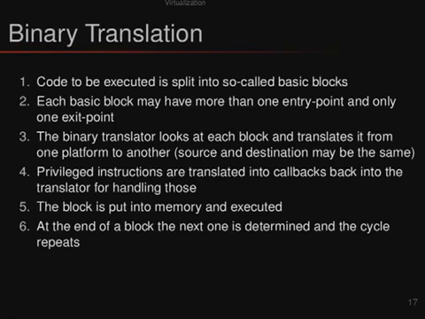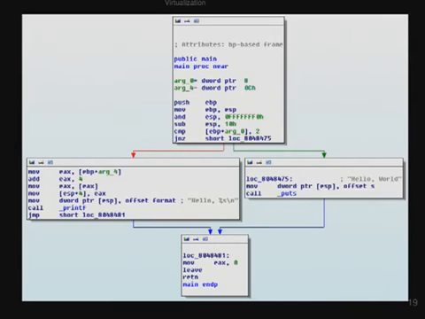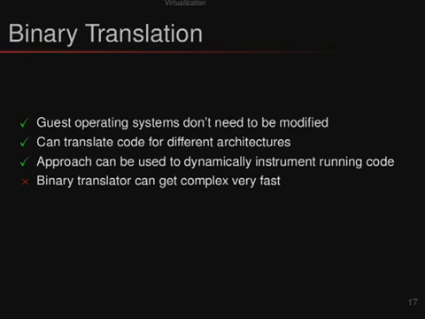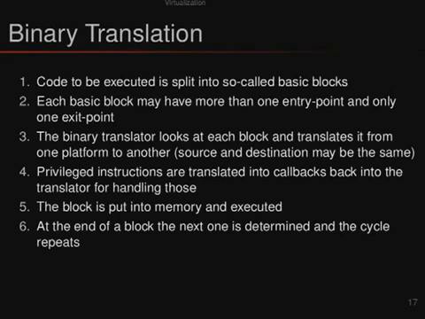The block, after it's being translated, is put into memory, and then it's executed by the CPU. At the end of the block, like this jump if not 0 instruction in the top block, the CPU jumps back into this loop, and the next block to be executed is determined, and then it's also translated again. The privileged actions are replaced with callbacks, and the cycle repeats.